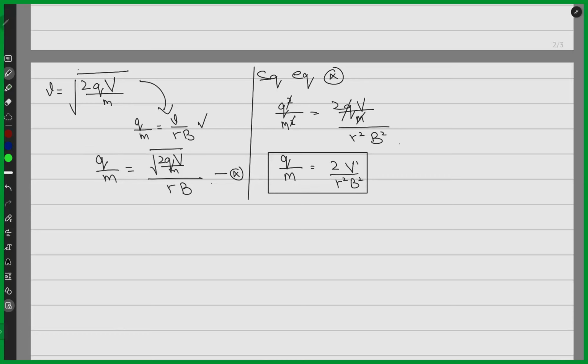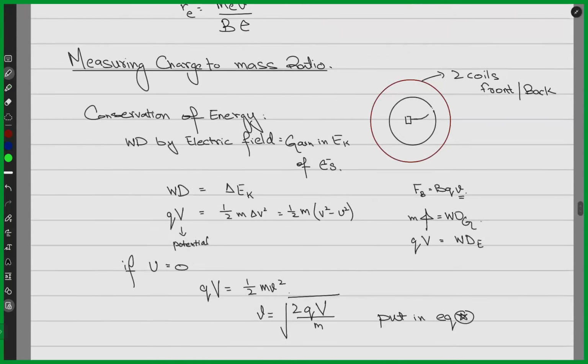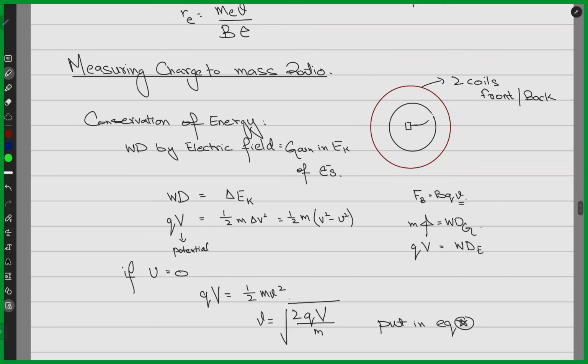Then you have capital V, that is the potential difference. And like I told you, you can control that by using a knob on your voltage generator. Then you have r squared. R is the radius of the path that the electron follows, a circular path. And if you go back over here, I told you that the deflection can be controlled by adjusting the potential difference, and you would see a circular type of arc being formed.